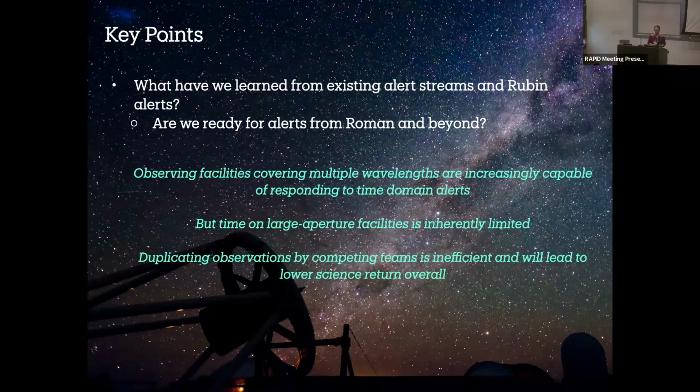There's only so much to go around. And what I have experienced as an observer is if you have multiple competing teams applying to the same telescopes, you can end up with duplicated observations, and ultimately you can end up with a much lower science return overall. So I think community coordination is going to be essential going into the Rubin era.